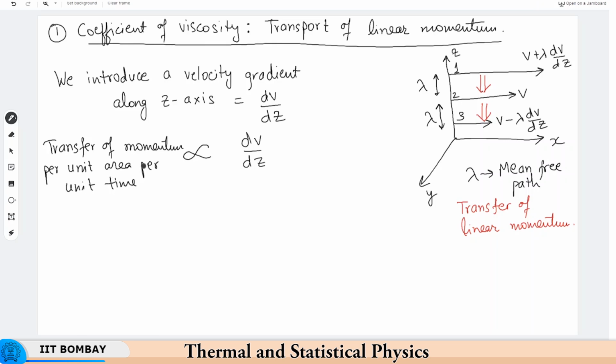Okay. So, how quickly this transport of momentum is happening and what is the magnitude of it per unit area, that should be proportional to dV by dz.